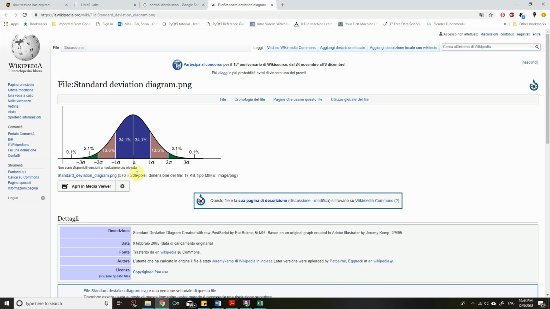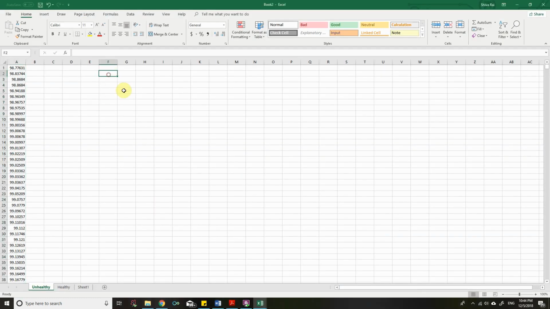So the range would be mean minus standard deviation for the left endpoint, and mean plus standard deviation for the right endpoint.